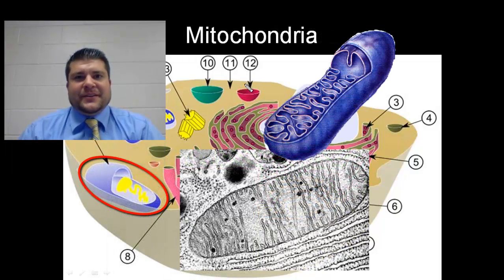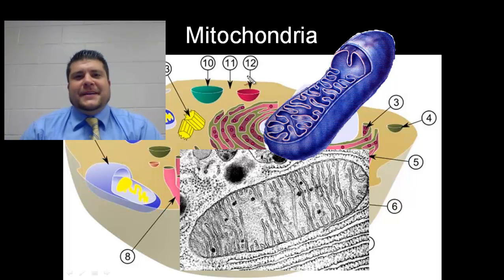Next we have the mighty mitochondria. The mitochondria is the powerhouse of the cell and creates energy for the cell to use in the form of ATP. This stands for adenosine triphosphate. So this is the energy currency that the cell uses.